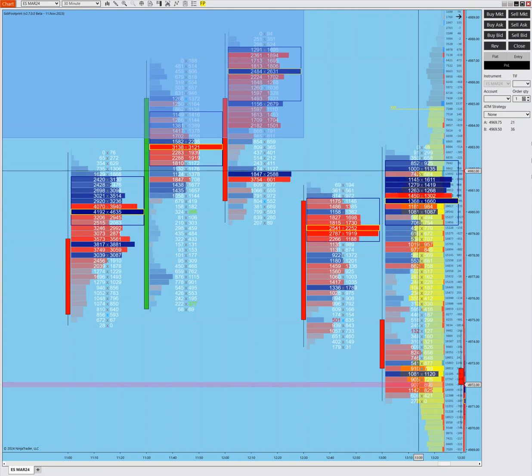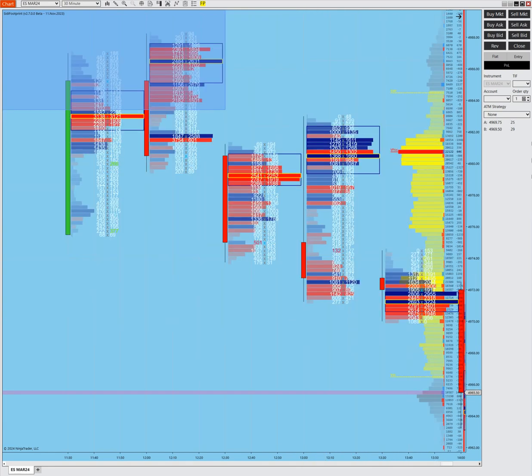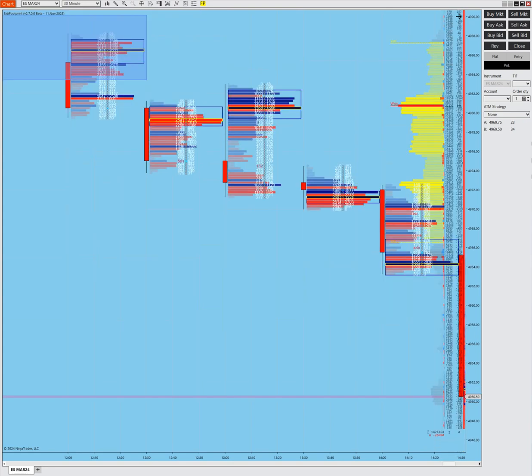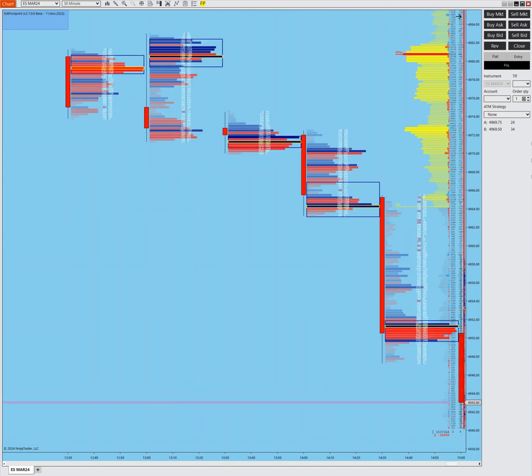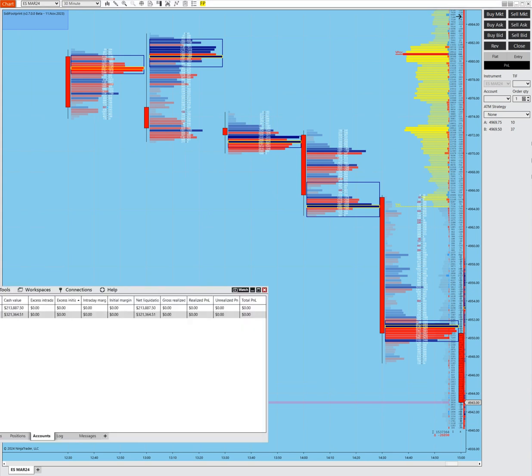So a lot of buyers here. So when we came back down below that level, I started adding to my shorts. Why? Because those buyers are going to get squeezed. Got that? And you can see we close at the lows. Down we go. Down we go. Down we go. And there you have it.